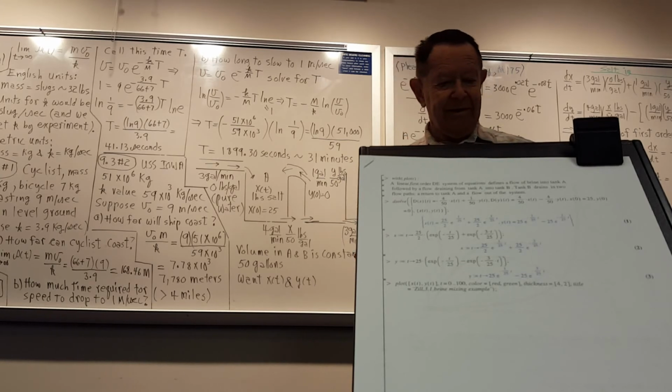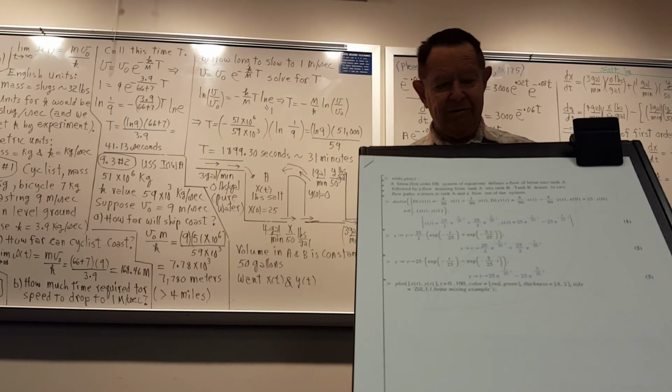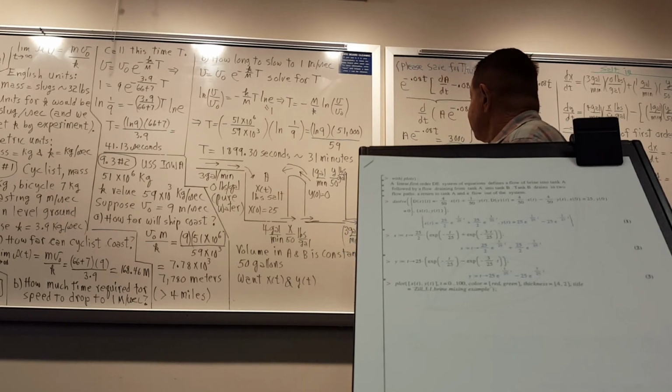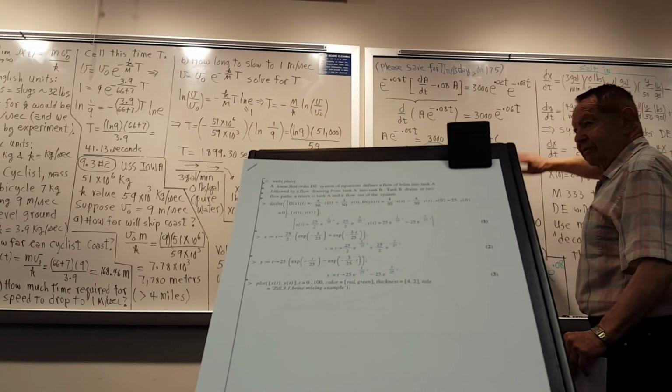Now, you're solving a system, you see, so that's why the set braces. And I'm using the capital D to mean derivative, as you do with Maple, and I'm calling the two unknown functions x and y, the way I have here.